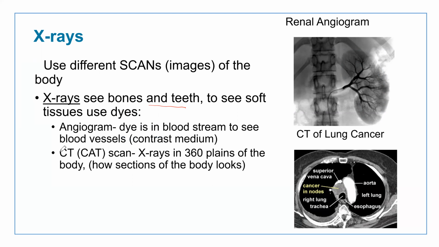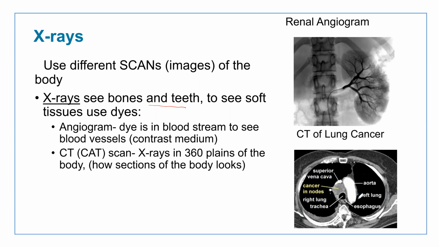Also, another scan that uses X-ray is CT or CAT. It uses X-ray in 360 degrees around the body, and the body is looked at in sections. Like here, a cross section of the abdominal cavity. Oh no, I'm sorry, because it shows us lungs, so it is the thoracic cavity.